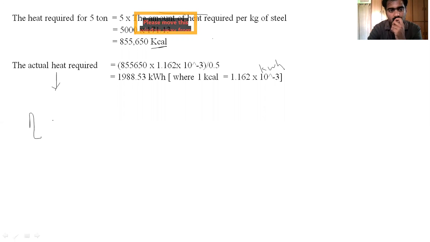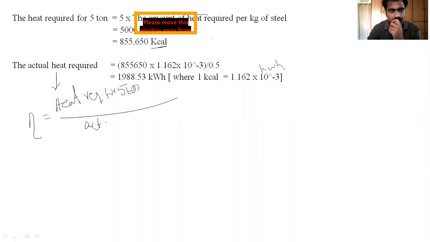The efficiency of your furnace has been given as 50%, that is 0.5. Please note down this formula: efficiency is equal to the heat required for 5 tons, that is the total weight, to the actual heat required.